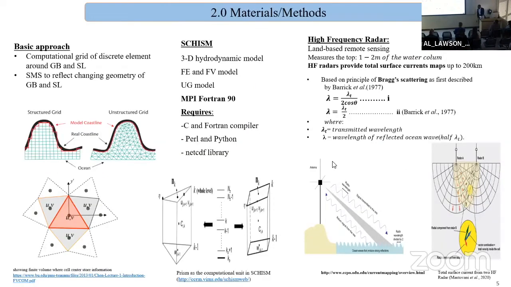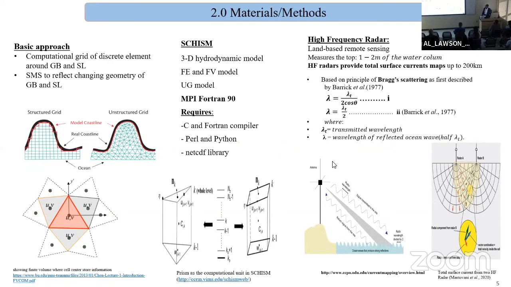And we intend to do that by generating a computational grid of unstructured triangular and quadrilateral elements to represent the bathymetry and the topography of Galveston Bay and Sabine Lake, using the relevant software. The software I'm going to use here is the Surface Water Modeling System.